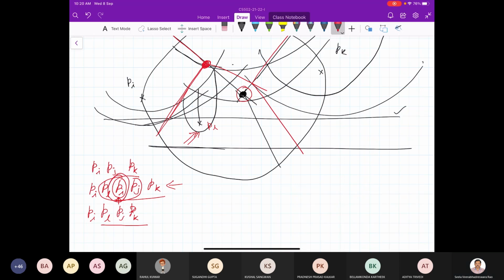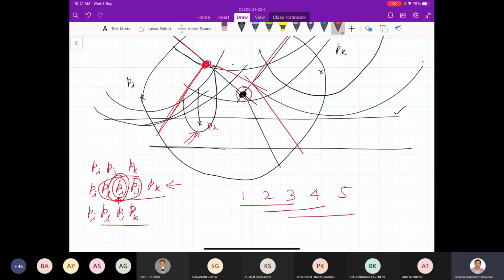Okay, so whenever some parabola is removed, suppose you have parabolas 1, 2, 3, 4, 5. So how many three-tuples are there? This is one three-tuple, this is two, and this is three. Okay, the three-tuples are there.